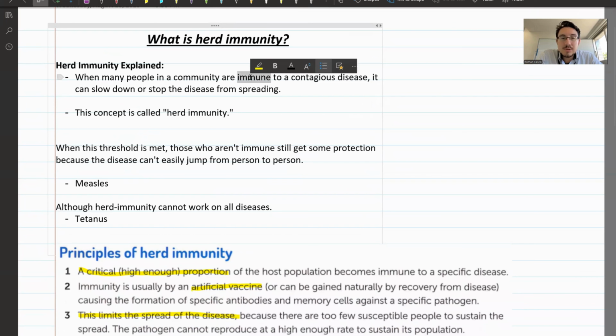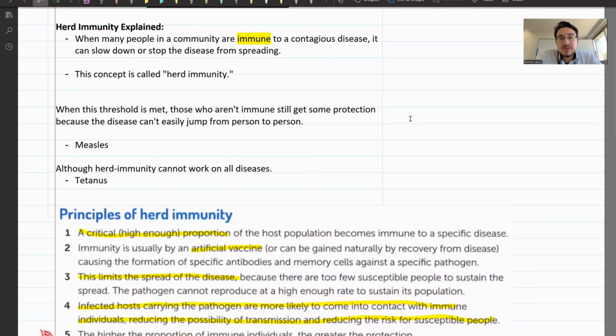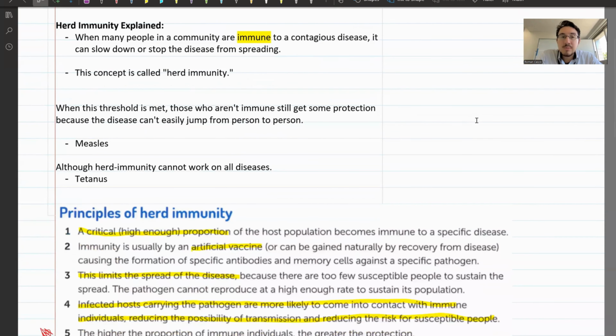And by being immune, you basically can slow down or stop the spreading of the disease because they've been immunized generally, right? This is referred to as herd immunity. So the more people get vaccinated, the herd immunity efficiency gets higher, right?